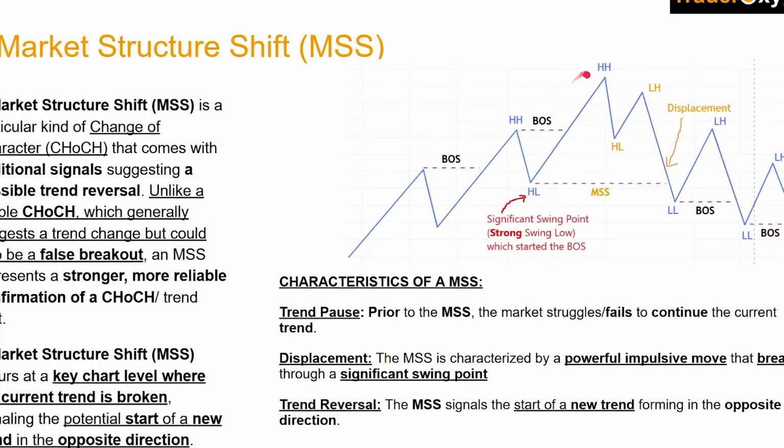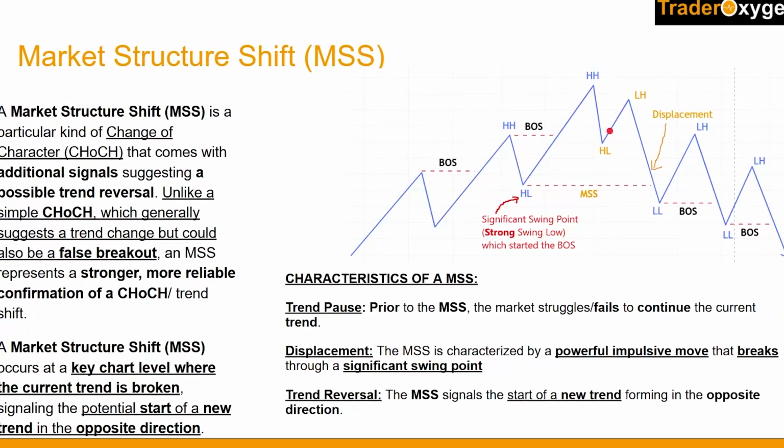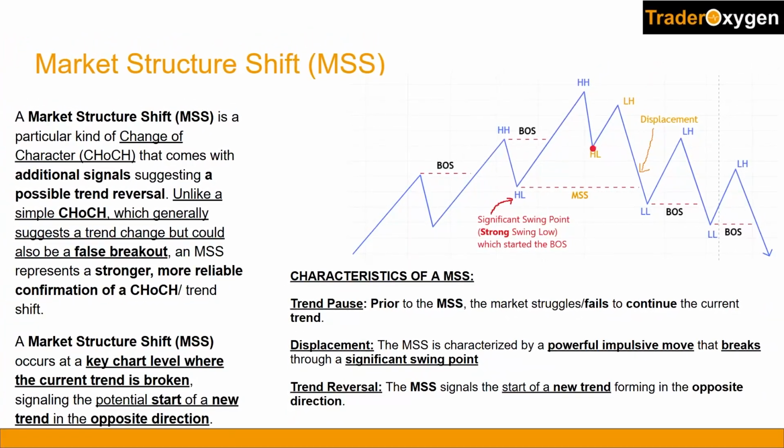So in an uptrend, usually you expect it to continue up after making this higher low, you expect the price to go up because it's an uptrend. However, what has happened is, instead of going up, the price has come down, significantly down, breaking this significant swing low.